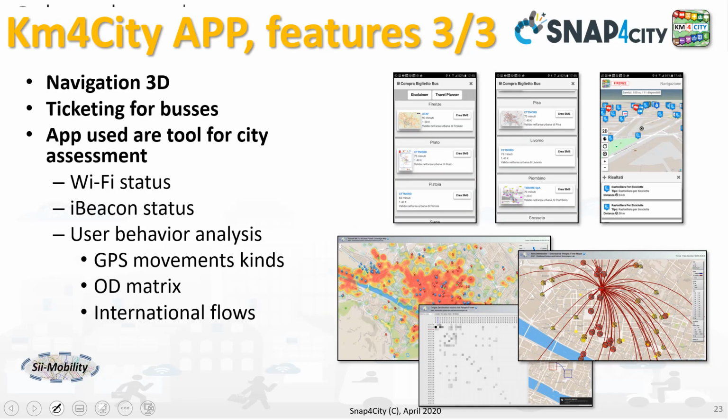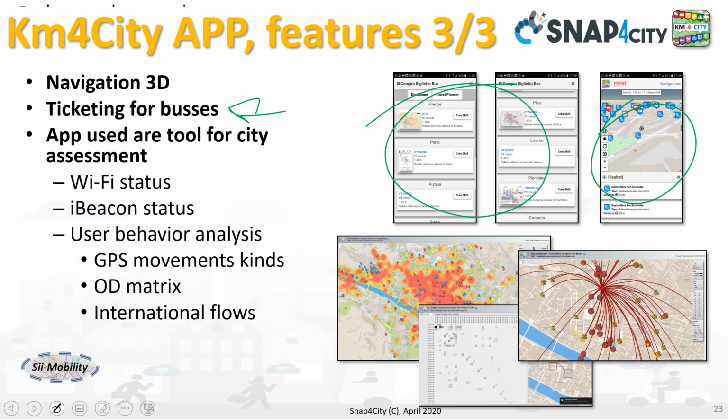The apps also provide support for navigation. That is very interesting, with 3D also, with the map in perspective. You can navigate and see the motion of your location. You can get the tickets for buses.